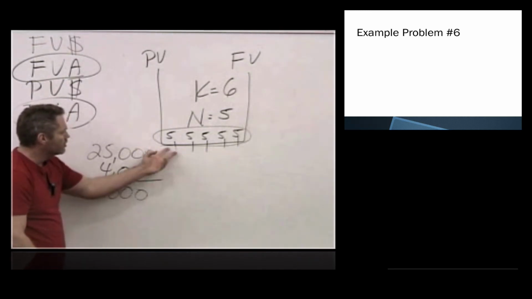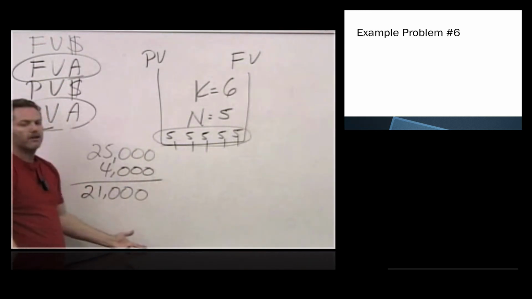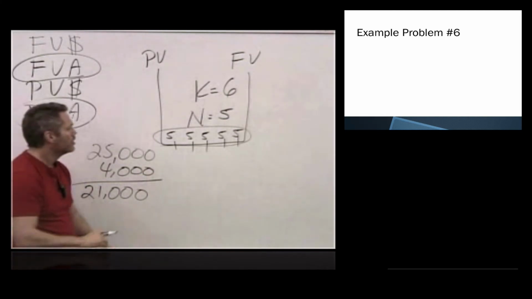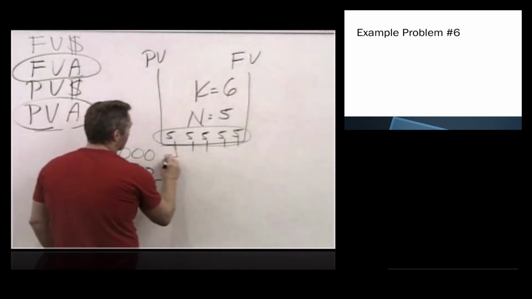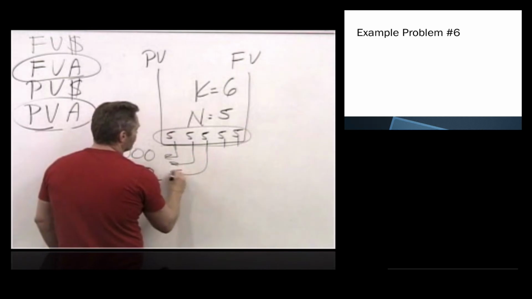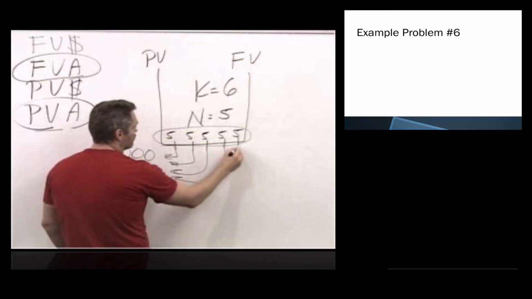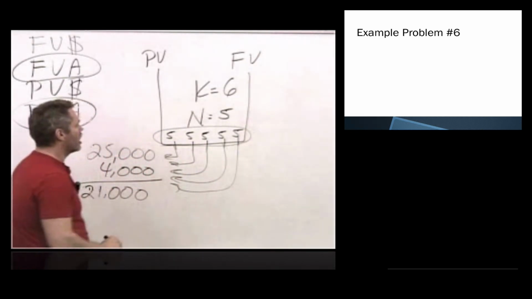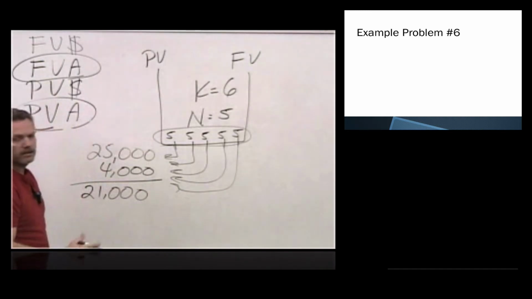And our decision that we're trying to make here is actually to buy the car as cheap as possible. So we want to discount all of these cash flows back. We could do that individually using present value of $1, but we already did that, and I'm going to be a little bit more lazy this time around.